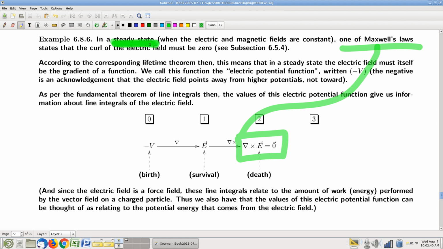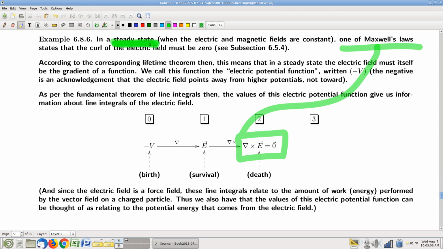This means nothing's changing, so specifically the magnetic field is not changing, so this is not an electric generator type of situation where the magnetic field is changing. Okay. So in that steady state situation, Maxwell's law says curl is 0. And let's just think through what are the consequences of curl being 0?